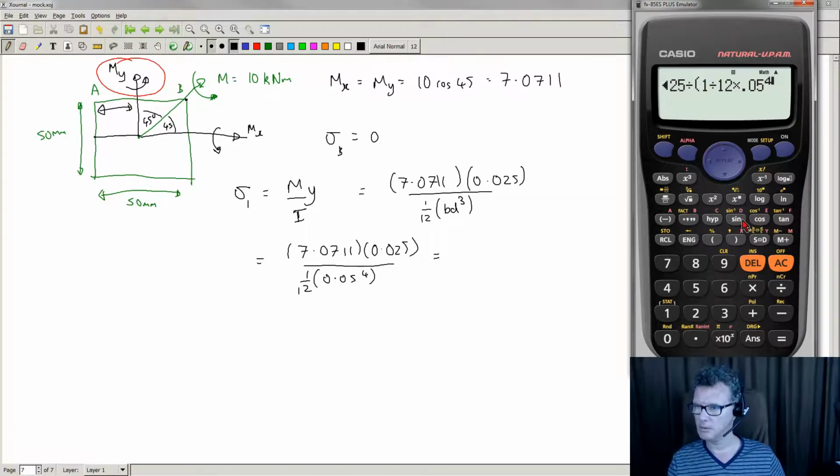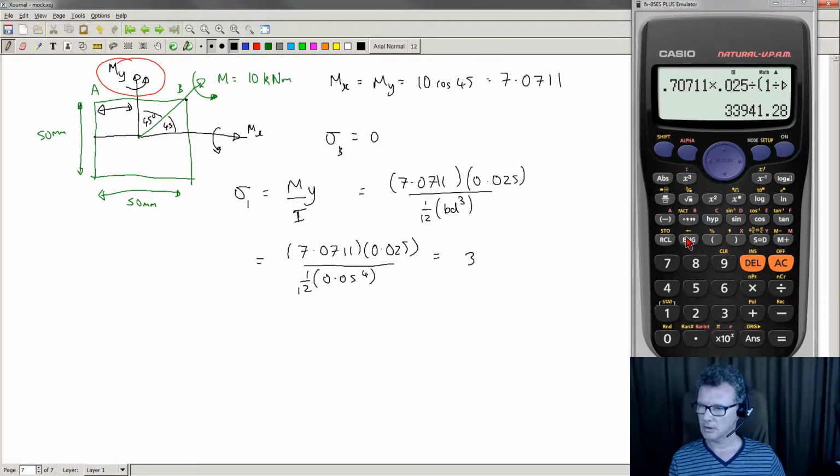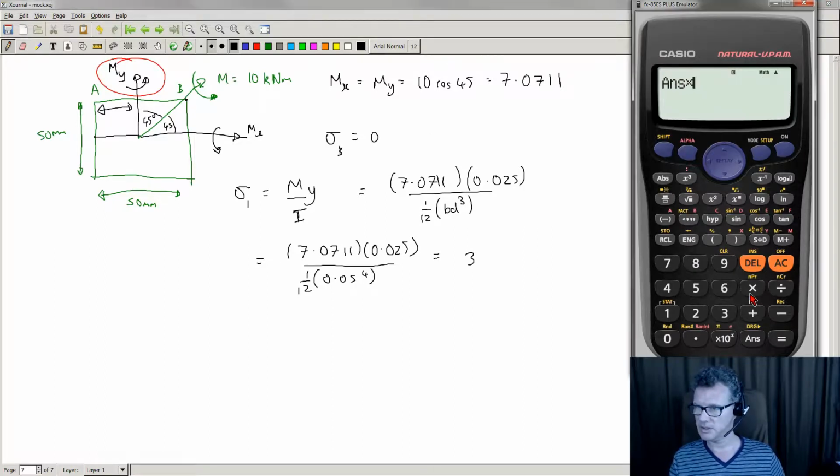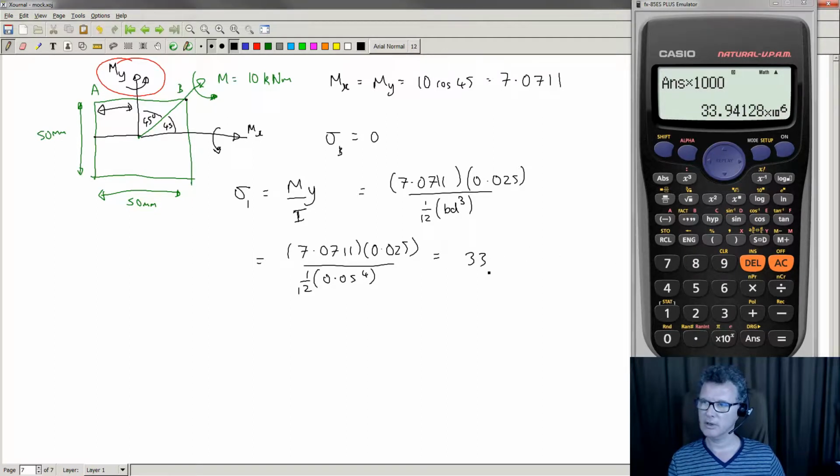Close the bracket. So that equals, well, don't forget we're working in kilo, so let's stick on 1,000. So that equals 33.9 megapascals.